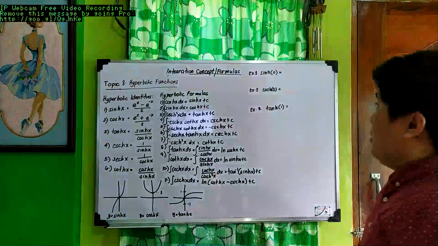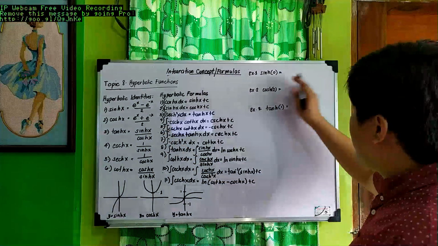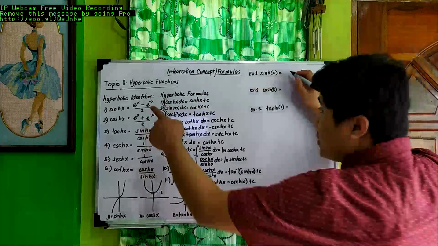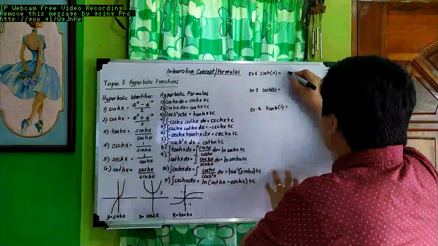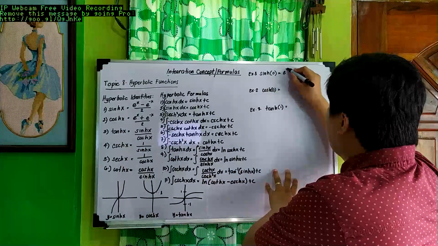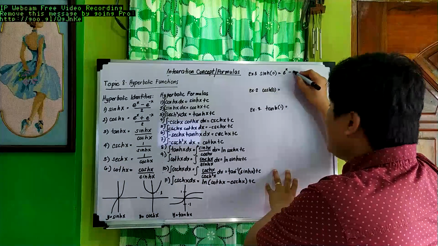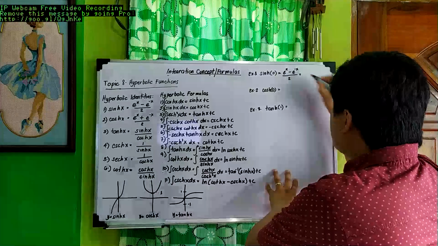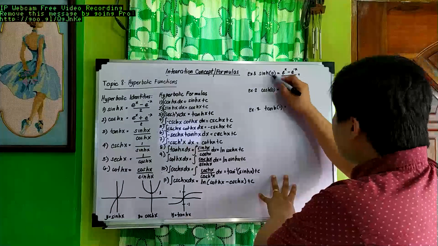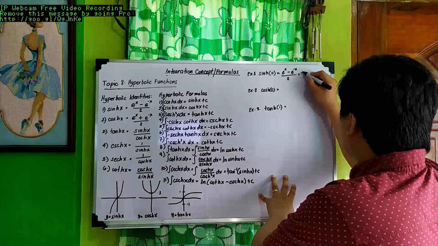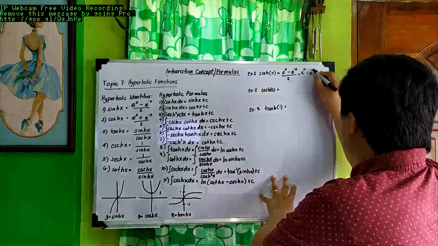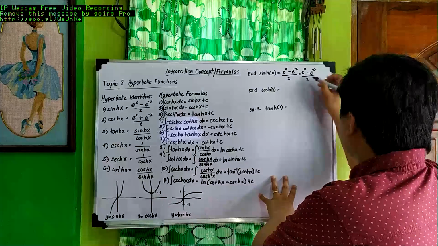So first, let us recall. Sine hyperbolic is equal to e raised to the power of x minus e raised to the power of negative x over 2, where our x is 0. So therefore we have e raised to the power of 0 minus e raised to the power of negative 0 over 2.